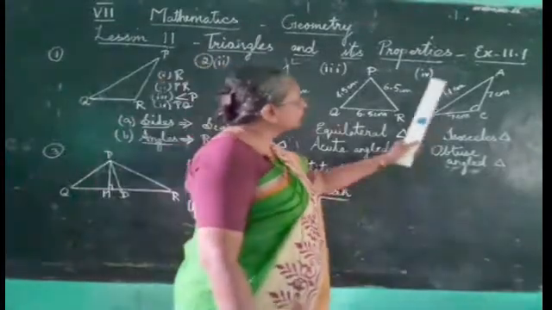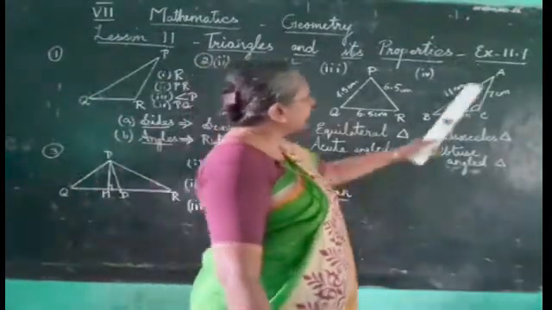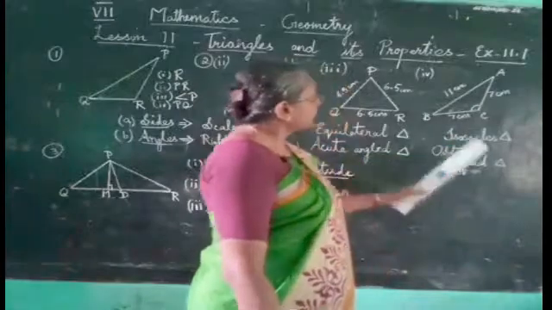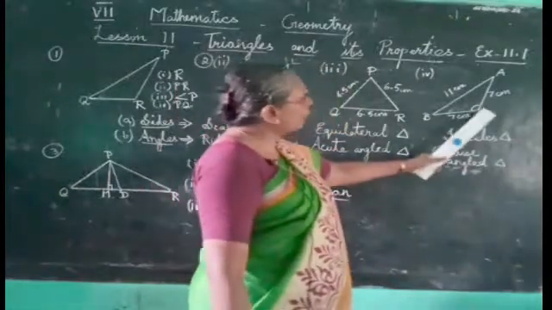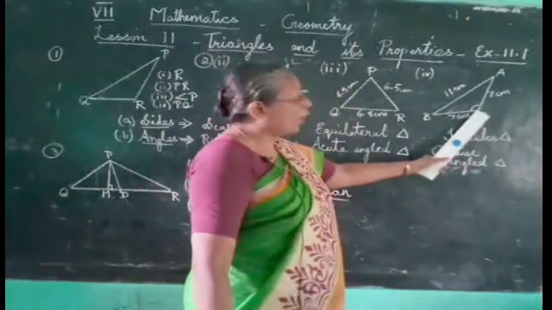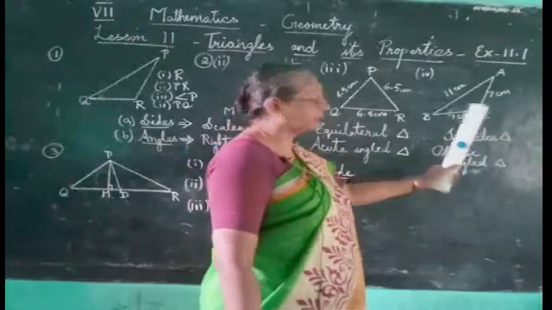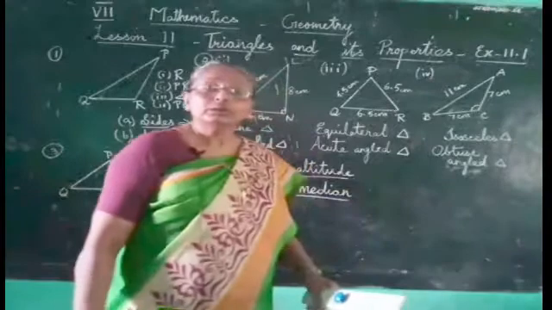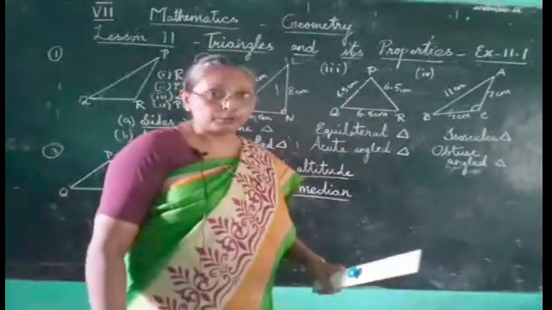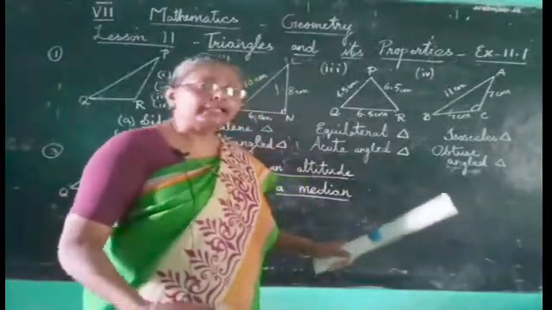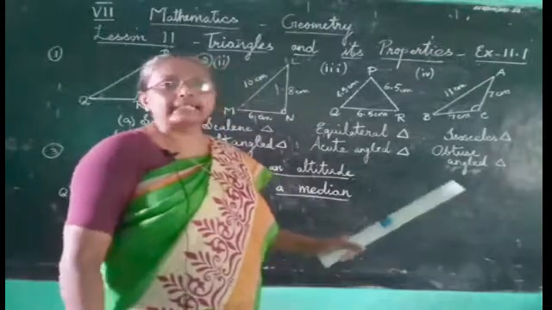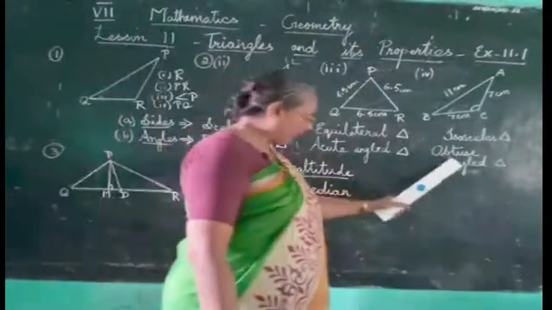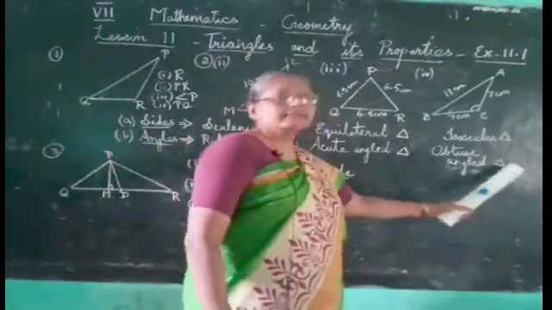Therefore, it is an acute angle triangle. The last one, fourth subdivision, which is triangle ABC. Here we have one of the angles to be obtuse. It is mentioned like this. That means it is more than 90 degrees. So if any one angle is obtuse, then it is more than 90 degrees, means that triangle is called, yes, obtuse angle triangle.